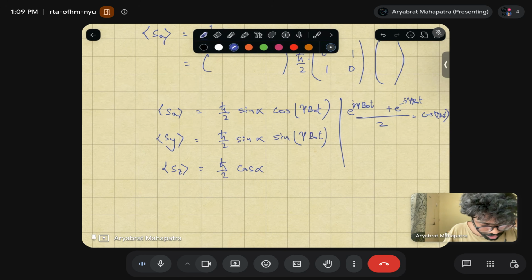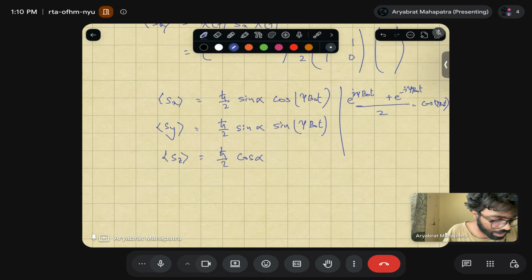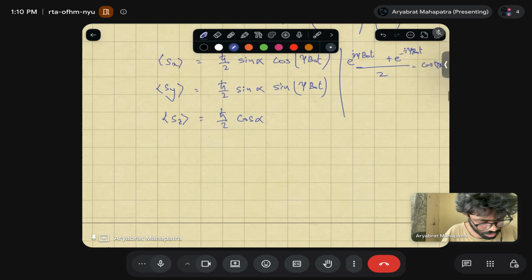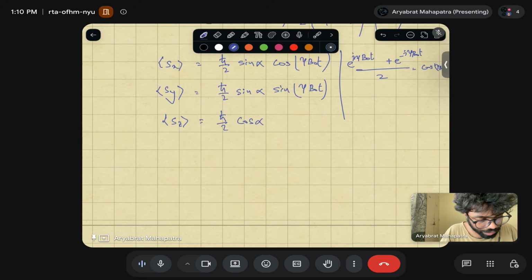Now to understand how this spin is varying, suppose we draw the spin orientation, how the spin is evolving under this external magnetic field. We have some magnetic field B naught along the z direction, z cap.